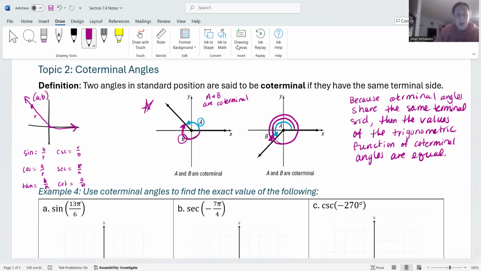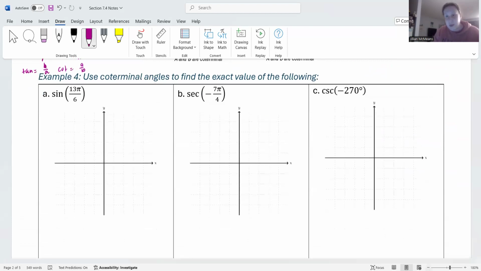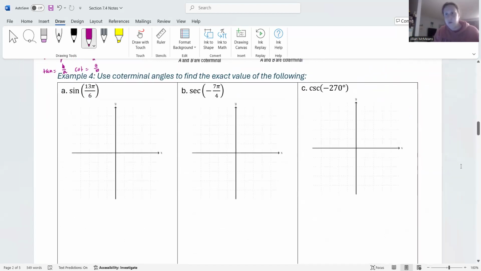Okay, so let's go ahead and look at example 4. Let me shrink this a little bit so I have a bit more room vertically. Example 4 says, use coterminal angles to find the exact value of the following. For part A, we have sine of 13 pi over 6. Well, we know our denominator is 6, so let's break this Cartesian plane into sixths.